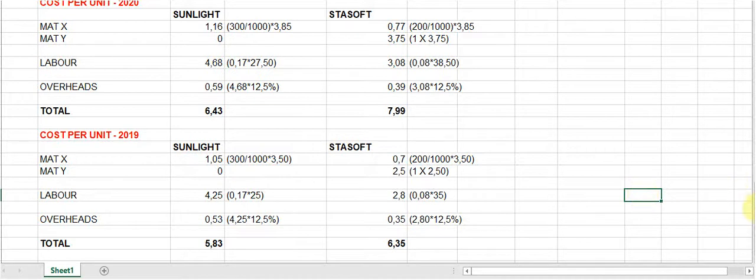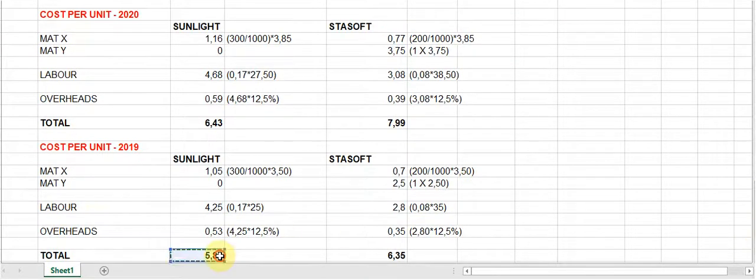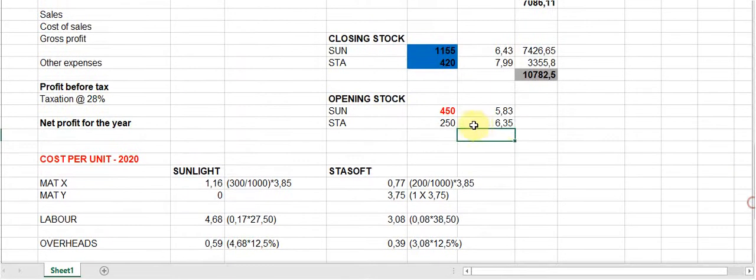We need to now take these figures to our units. It was 5.83 and this was 6.35, and we need to multiply. And we're going to get to a sum total for opening stock.